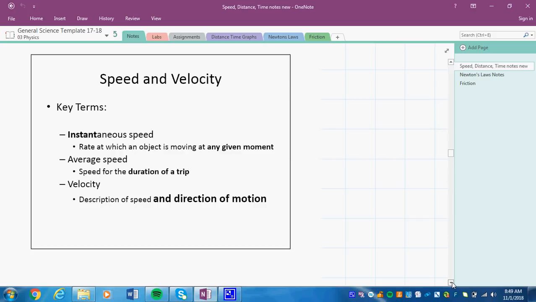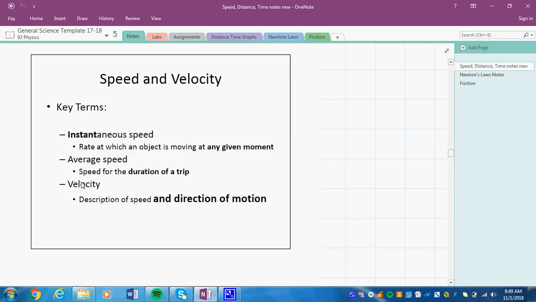We have no idea, but the entire trip took, say, 10 kilometers per hour, whatever it is. So we can figure out the duration of that entire thing.